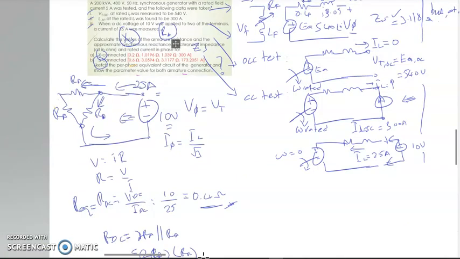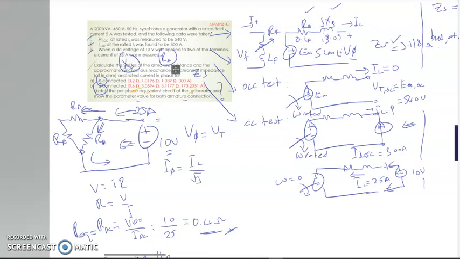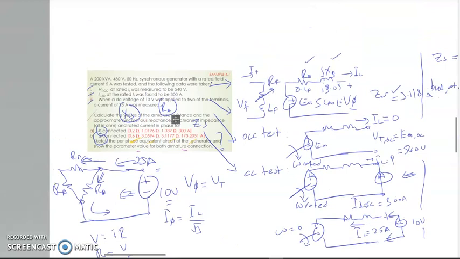The RA, the XS, the ZS, and IA. Then we put all the calculated data into the circuit. So here are 0.6 and all other parameters should be inserted into the circuit. That's the procedure or the steps that you should perform once you get the question.